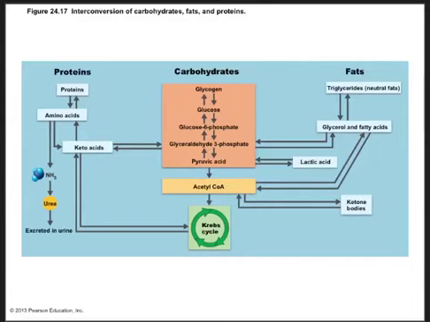And so you can see here, if we follow each of these flows, proteins can be broken down into amino acids. These can be transaminated into keto acids. The ammonia can be eliminated via urea through the urinary stream, and the keto acids can go directly into glycolysis and enter from there the Krebs cycle and be used for energy.